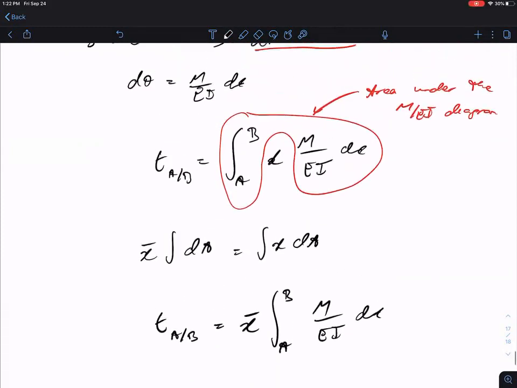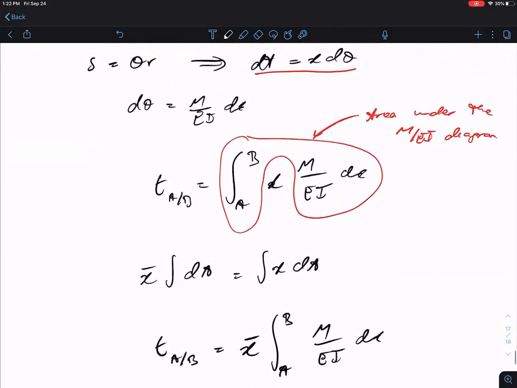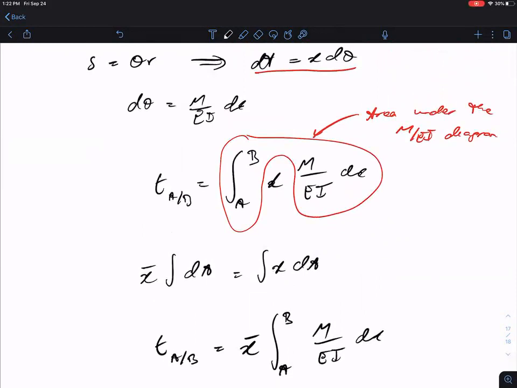Right, and so this establishes the second theorem of the moment area method, which says that the vertical deviation of the tangent at a point A and the deflected shape with respect to the tangent extended from another point B is equal to the moment of the area under the M over EI diagram between the 2 points.